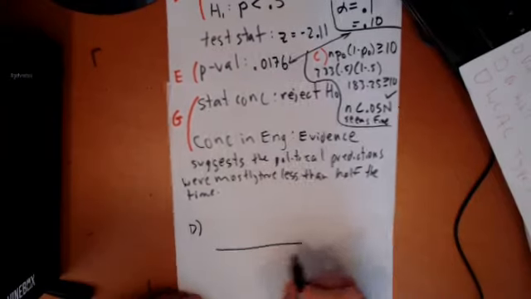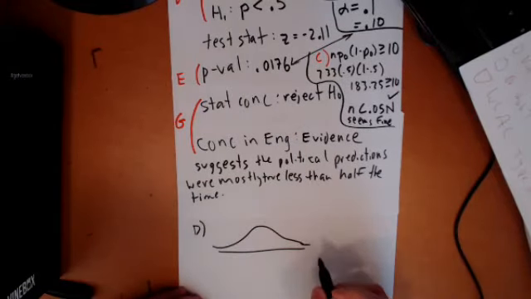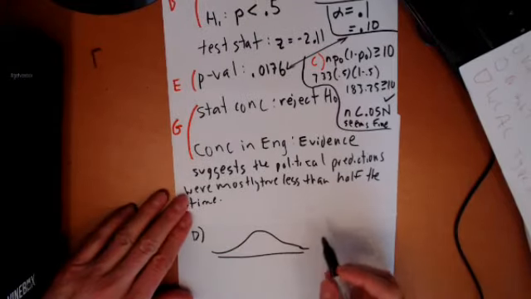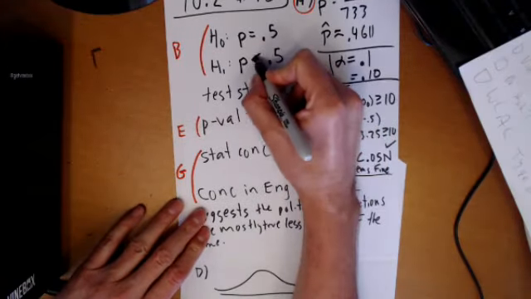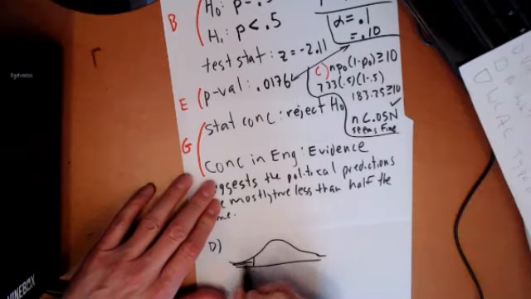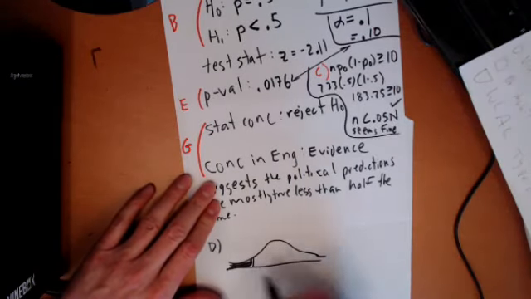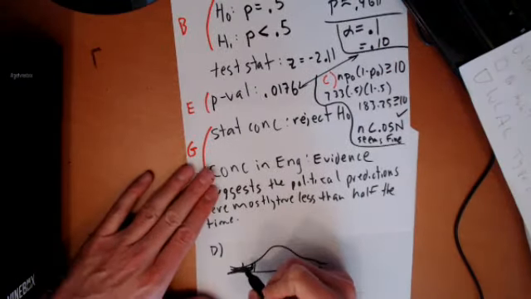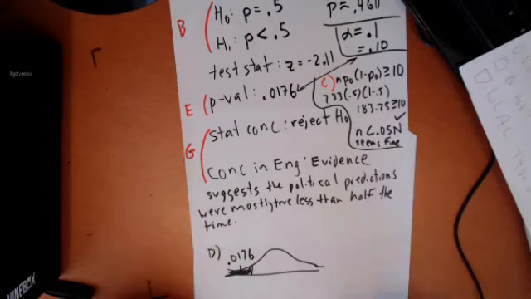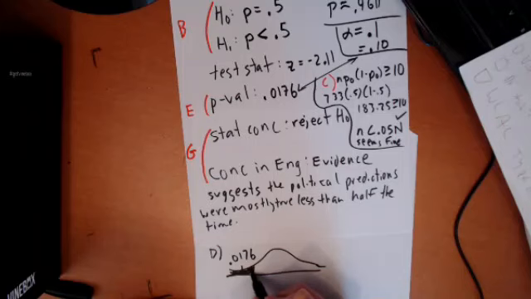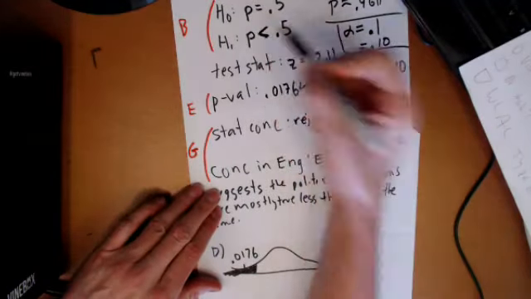Okay, so you just draw a bell curve. And then it's a left tail. See how our alternative is pointing to the left? So shade on the left side, and the area that we shade is the p-value, 0.0176. So the p-value is just the area shaded on the left side.